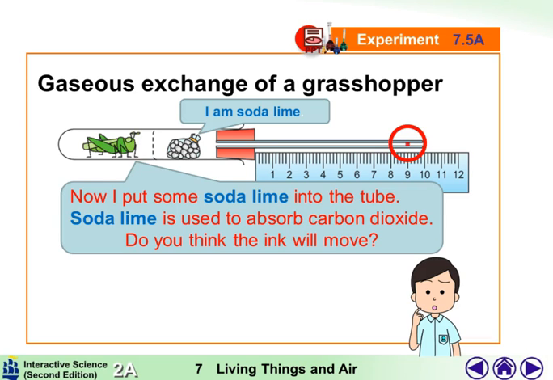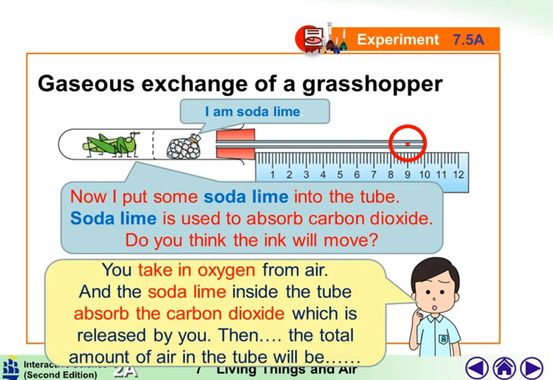Now, I put some soda lime into the tube. Soda lime is used to absorb carbon dioxide. Do you think the ink will move? In this case, you take in oxygen from air, and the soda lime inside the tube absorbs the carbon dioxide, which is released by you.